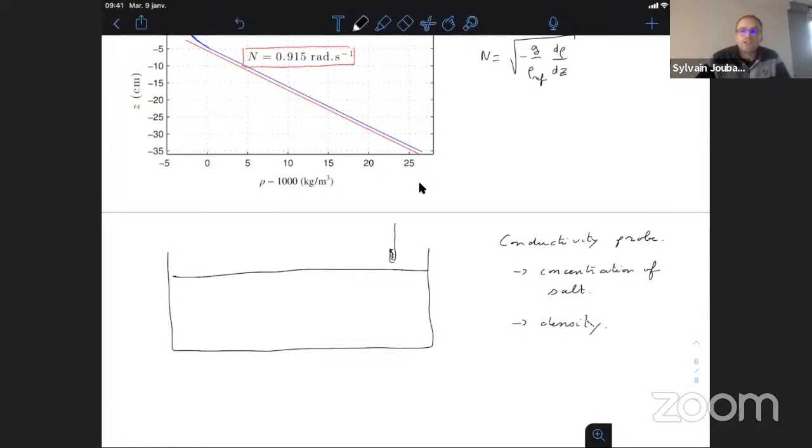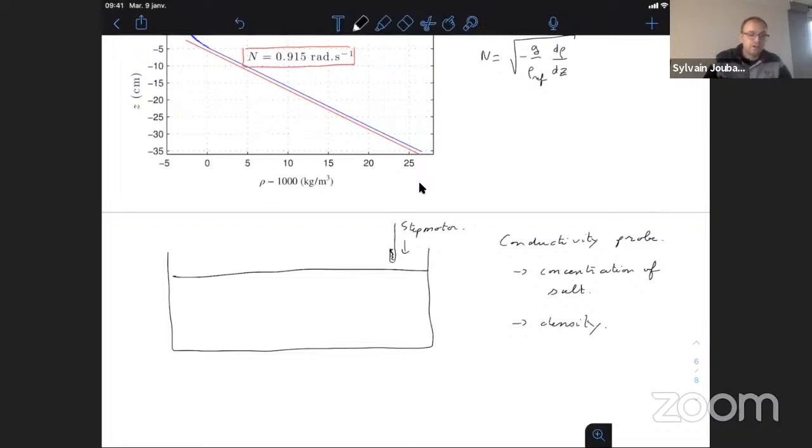Using a calibration, you can relate the concentration of salt to the density. Usually, you take care of the problem of temperature, so you rescale everything to the same temperature. So you have access to the density, and then here you have a step motor. The system is going this way, and if you go very, very slowly, you don't alter the stratification, and you measure the density as a function of z when you're going down.